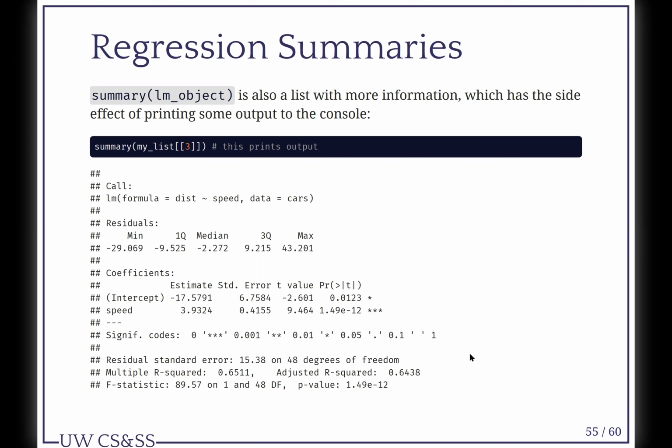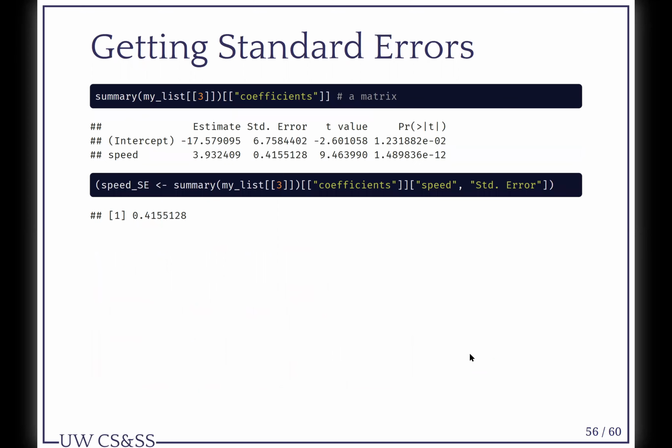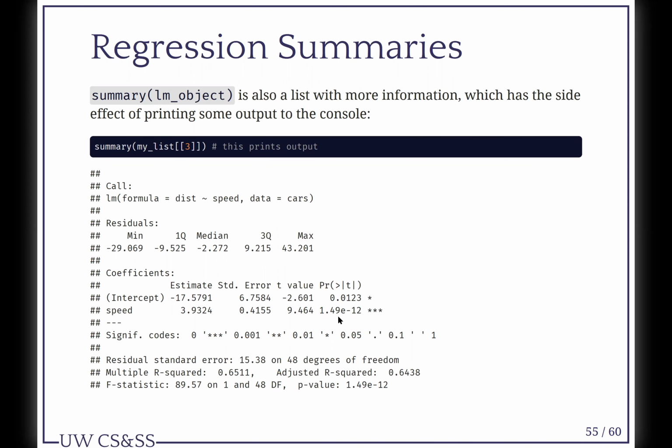I want to highlight that this is how you would want to get that information out. And let's say we wanted to get the standard errors from our summary output, because here these values seem very far away. I can't put these in an inline R code, for instance, because they come out as this object.